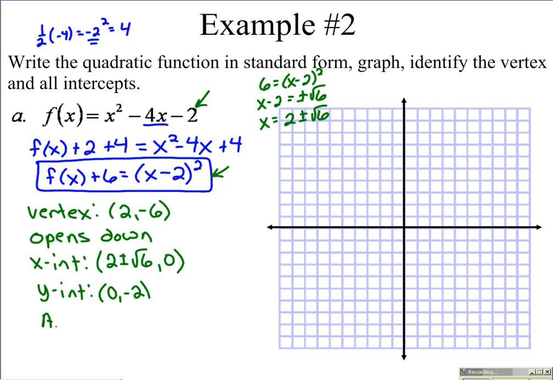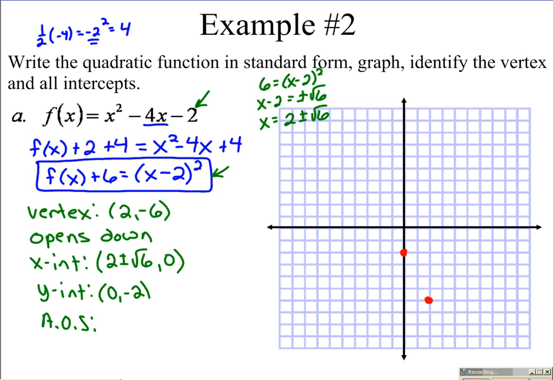The last thing we need to list for today is the axis of symmetry. Again, we'll get that after we do our graph. So vertex is at 2, -6, over 2, down 6. Our y-intercept is at 0, -2.